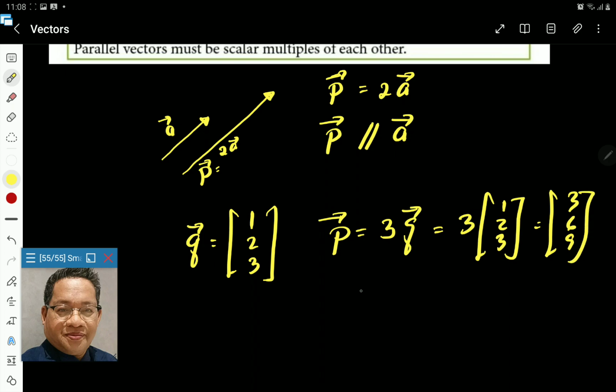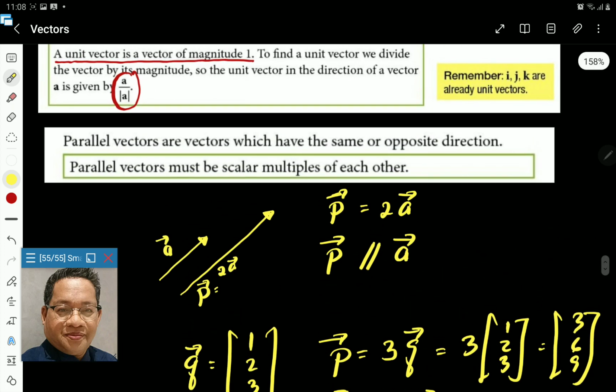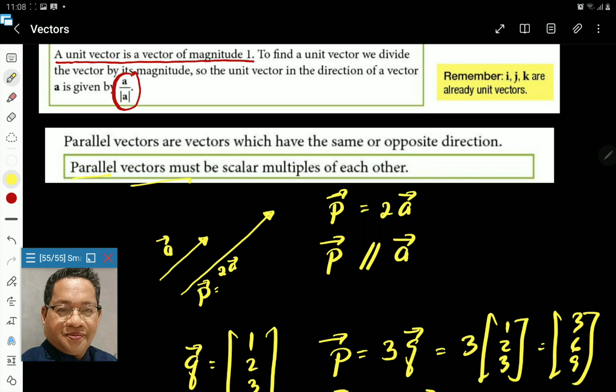So we can say that the vector P is parallel to vector Q because parallel vectors must be scalar multiples. What do you mean by that, scalar multiples?